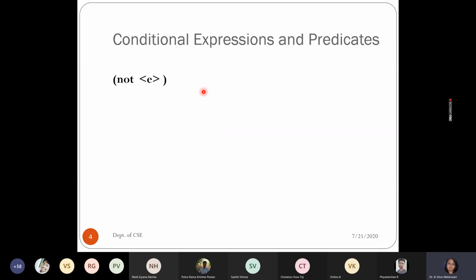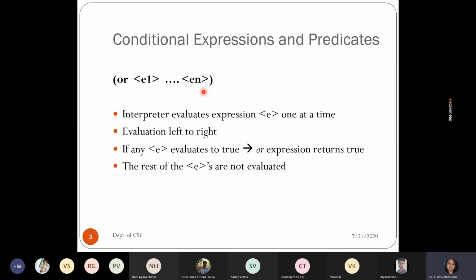Okay, right. Now I would like to ask a question here. By seeing the syntax, this is or, there is a bracket, or expression, then close the bracket. Is it a similar thing to, for example, plus A B, where plus is called a procedure?